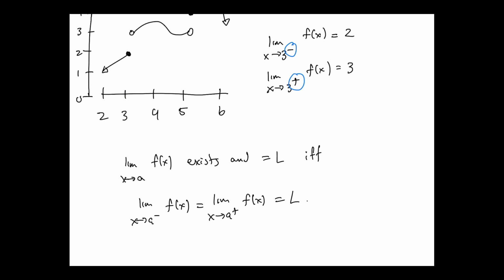So that's really two requirements. And if so, then the limit where the a, notice, doesn't have a little minus or a little plus, which means from both sides simultaneously, is that thing. Okay, is that cool?